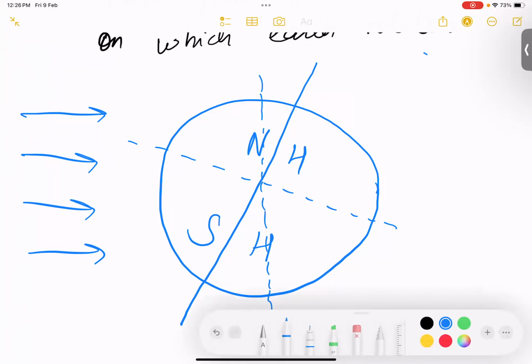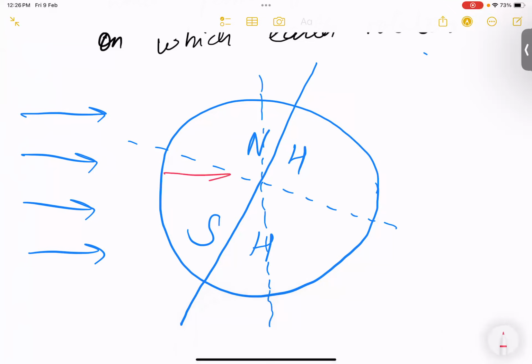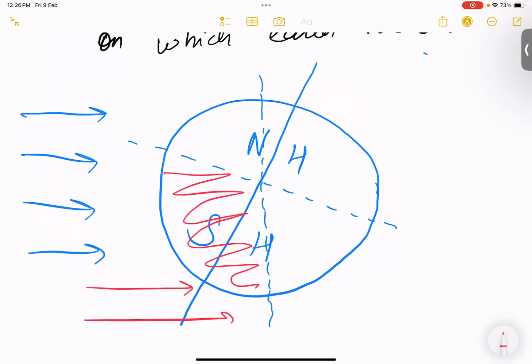And let's use red, southern hemisphere, more than half a quarter is receiving sun's ray. Since it is tilted, you can see even this part, the extra quarter is receiving sun's rays because the axis is tilted.